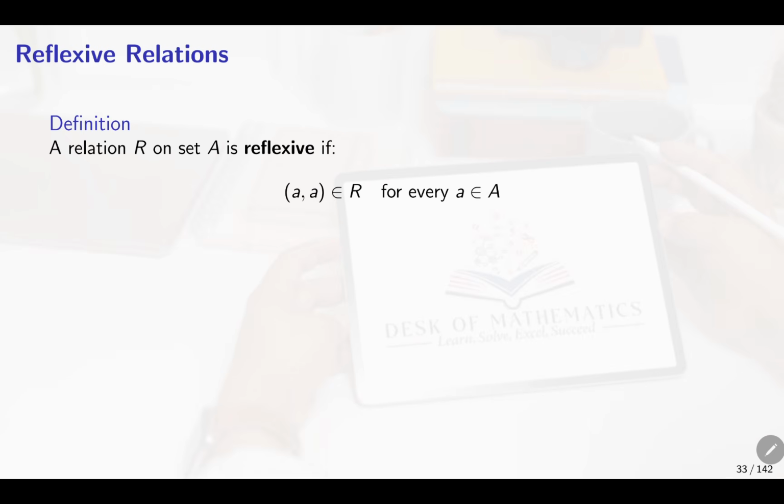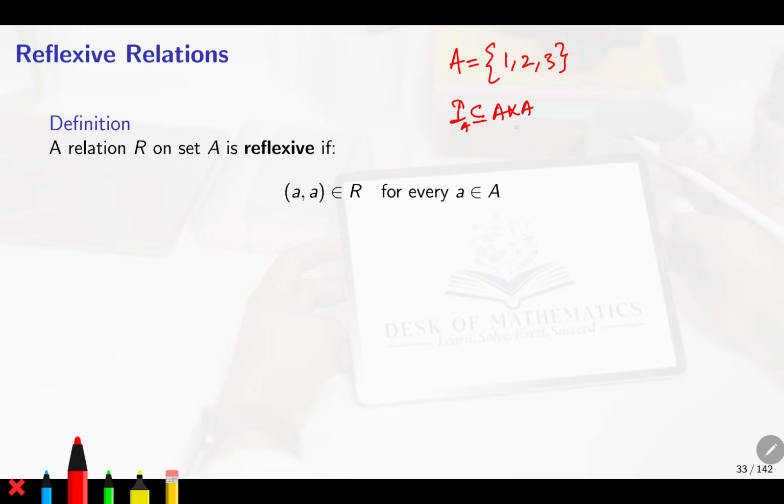Now an important thing, that is the reflexive relation. Before the reflexive relation, I will define the identity relation. If you have a set A with elements 1, 2, 3, for example, the identity relation is a binary relation defined on A, from A cross A. The identity relation is a relation in which every element is related to itself: (1, 1), (2, 2), (3, 3).